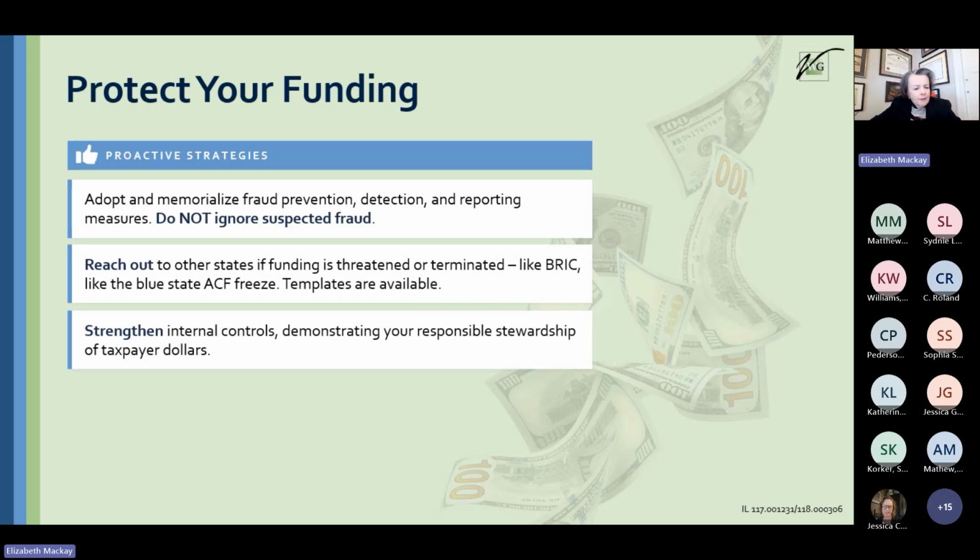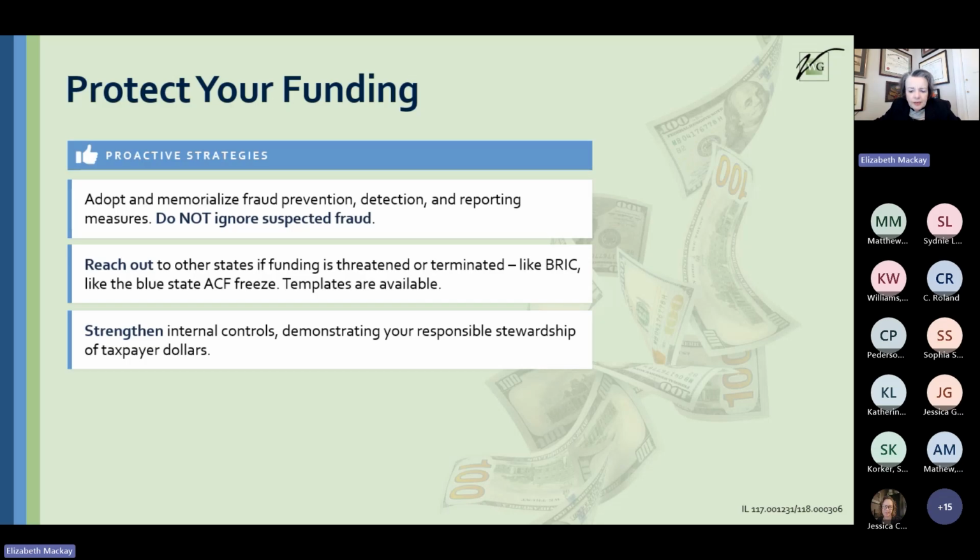And if your program particularly is data rich, right, you have lots of applications, you've got lots of supporting documentation, you would be wise to deploy a proprietary artificial intelligence tool, because AI can pick up on trends within the data or inconsistencies within the data that are not obvious. So use artificial intelligence to supplement your human intelligence, again, particularly if you're dealing with a lot of data.